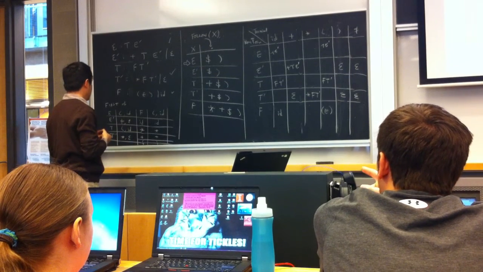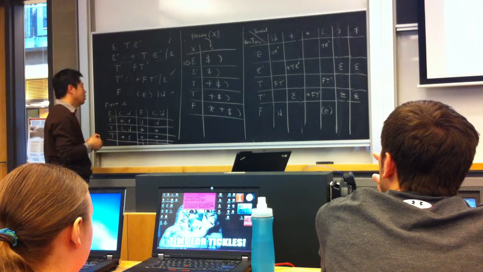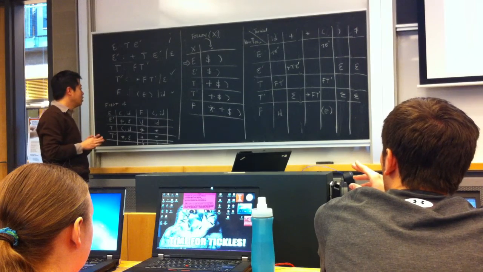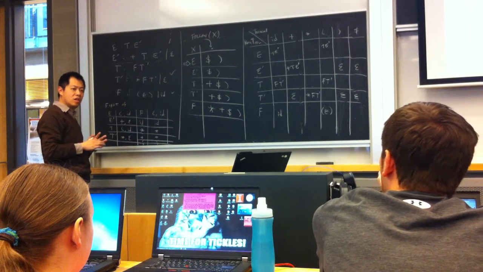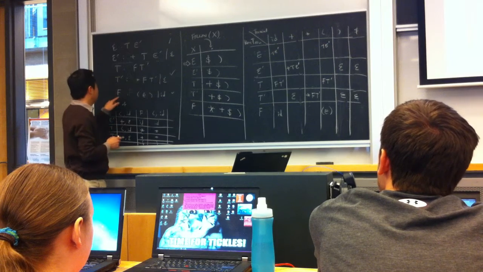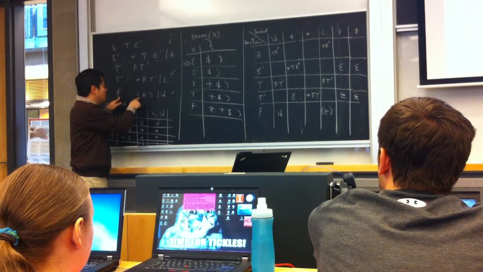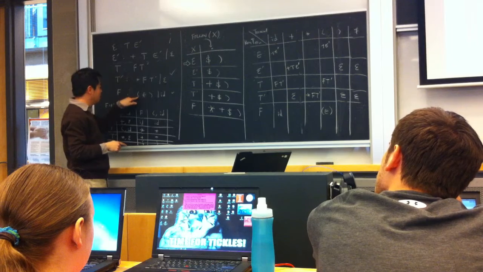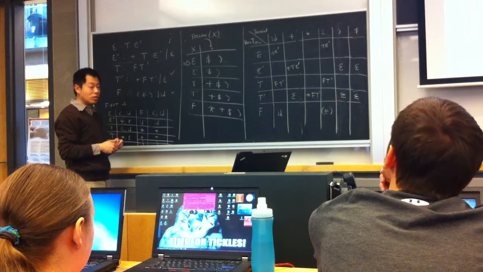So the first for F is open bracket and ID. Why doesn't open bracket E close bracket go under ID? If you're trying to expand F and you see an ID, you can't expand it to this. Because if you expand to this, then you're basically saying the next symbol I must see is an open bracket. But you already know the next symbol is ID. Okay, that makes sense.